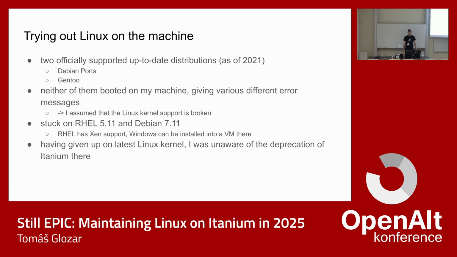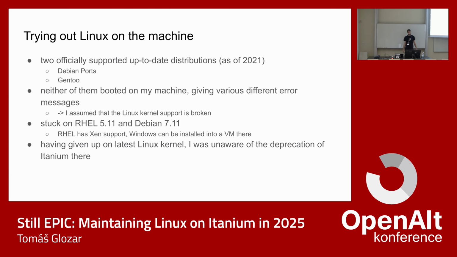successfully installing them. So I went back and I was stuck on RHEL 5.11 and Debian 7.11, which were stable releases back from 2010 and earlier that supported Itanium back then. And they were running on an older kernel, which worked. And I had some fun because RHEL has Xen support, and in Xen under Itanium you can also install Windows.